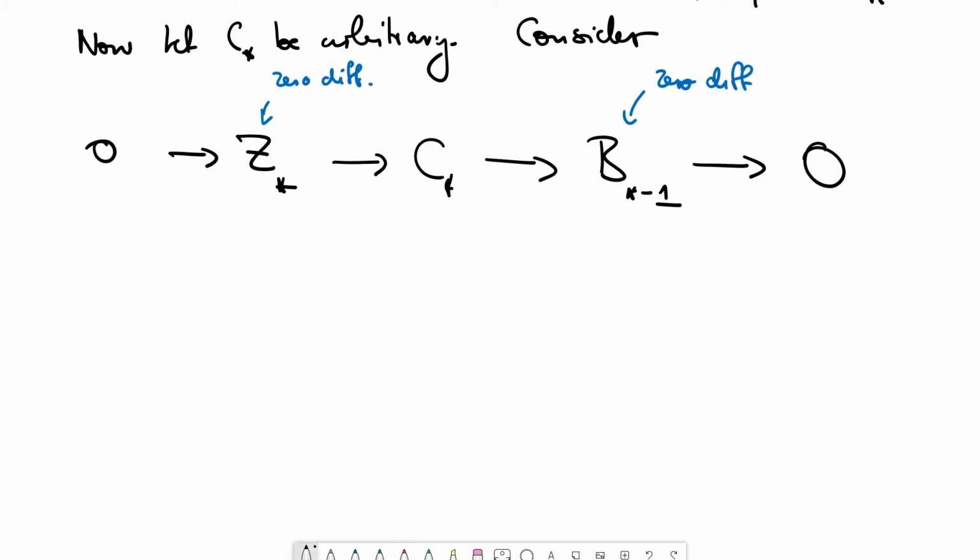We can also say that the fact that C star is a projective chain complex, that it consists of projective modules, passes over to these two chain complexes that we see here. And this is localization and proof where we use that we have a principal ideal domain.